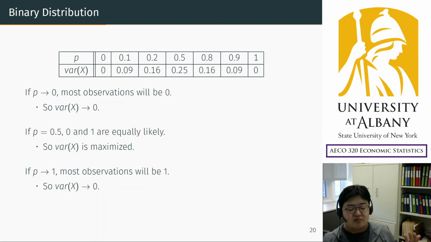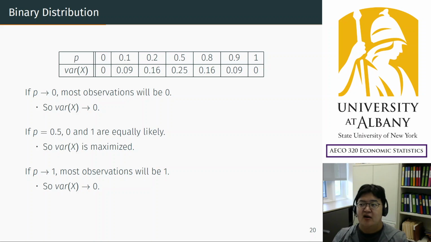When heads and tails are 50-50, whatever you predict, you are wrong 50% of the time. So there is no better prediction at all. It's a perfectly uncertain, chaotic situation. That's why the variance is maximized. You cannot predict at all.